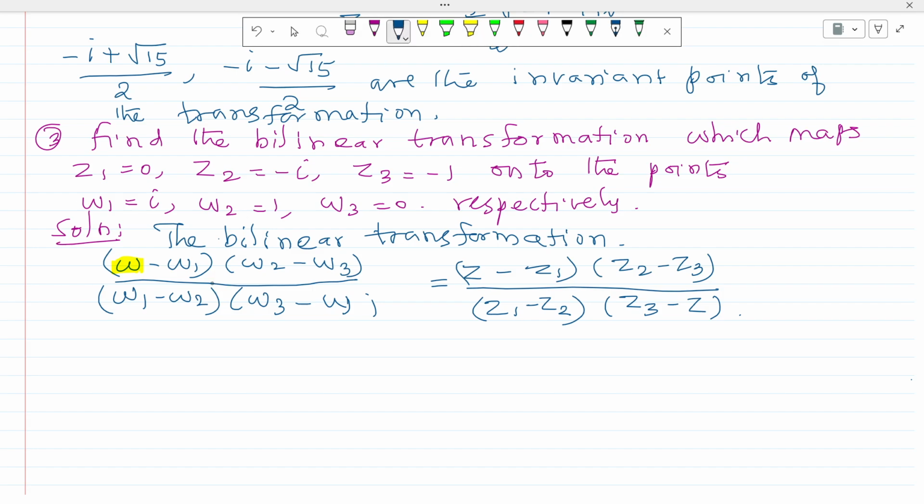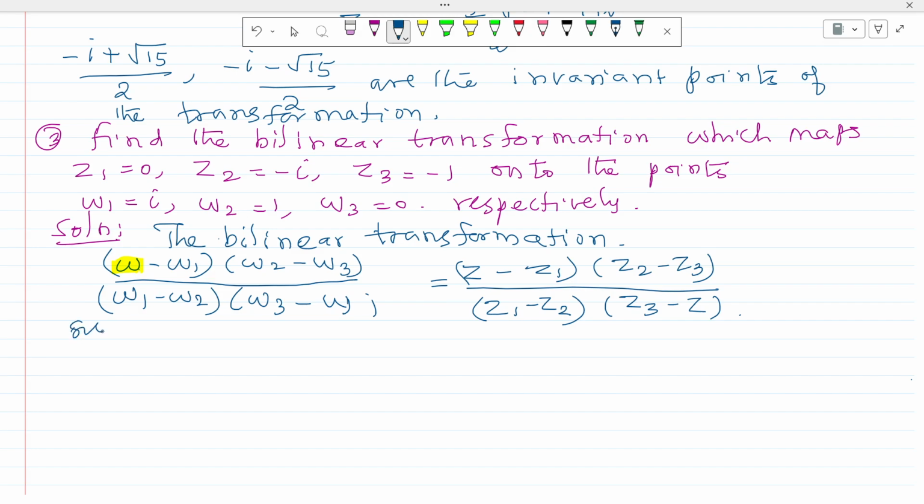Simply we can remember it as 0, 1, 2, 3 in the numerator, and in the denominator 1, 2, 3, 0. Similarly for Z, numerator 0, 1, 2, 3, denominator 1, 2, 3, 0. Easily you can remember this. Now you have to substitute all the points in the formula.